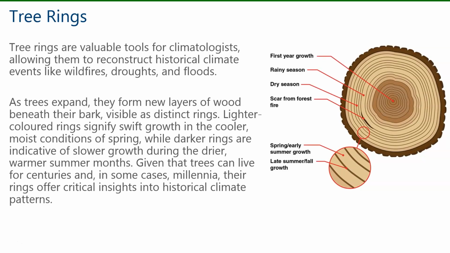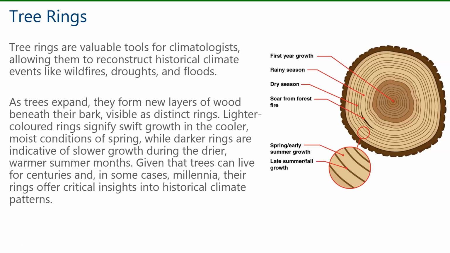Lighter colored rings signify swift growth in the cooler, moist conditions of spring, while darker rings are indicative of slower growth during the drier, warmer summer months. Given that trees can live for centuries, and in some cases millennia, the rings offer critical insights into historical climate patterns. The diagram on the side shows you some of the information that scientists can get from tree rings.